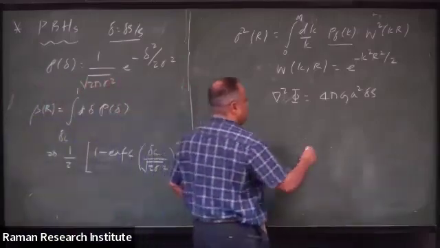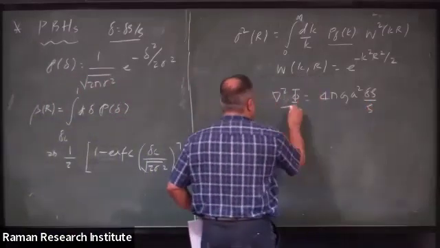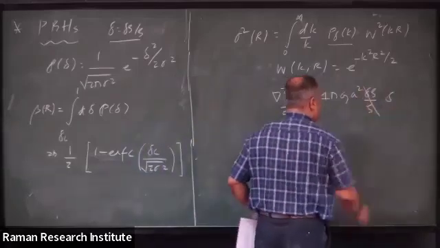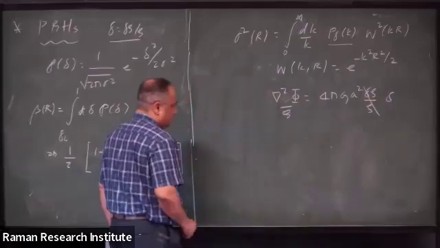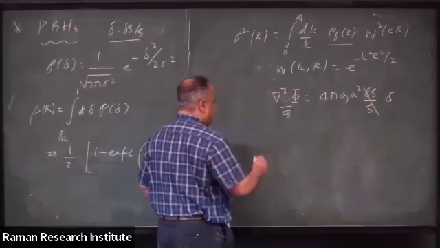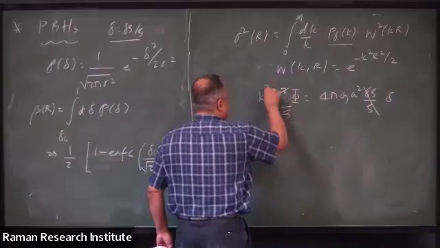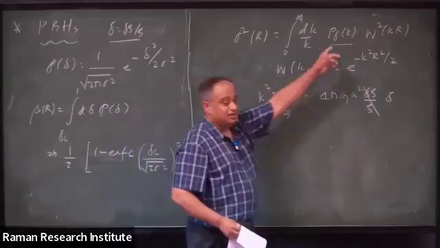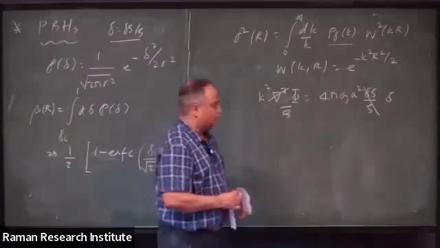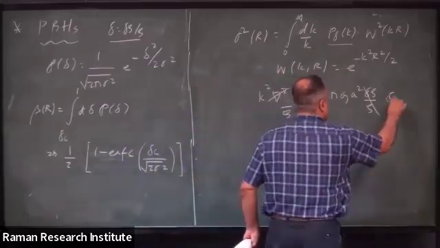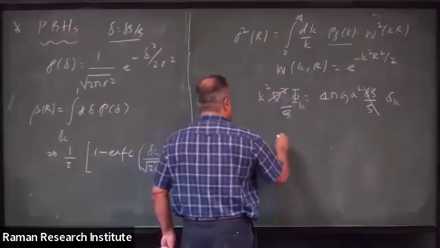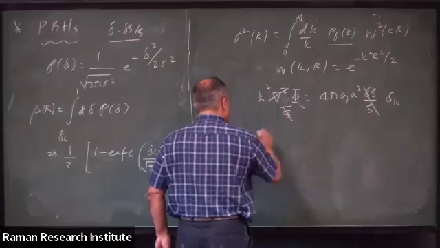And what we are interested in is delta rho by rho, so I divide by rho, and this is delta. I can talk in Fourier space, so this becomes K squared. I'm not worried about the minus sign, as P of delta will contain mod delta K squared. Now rho is what?